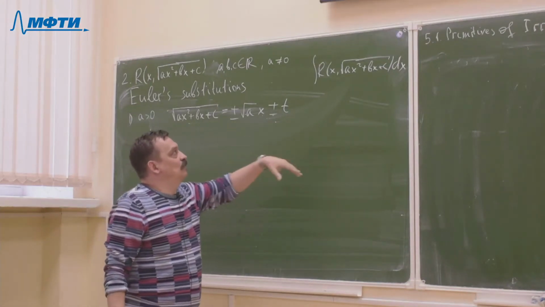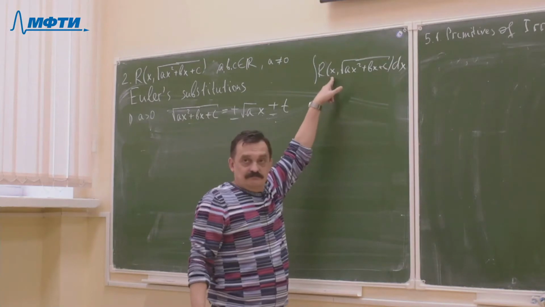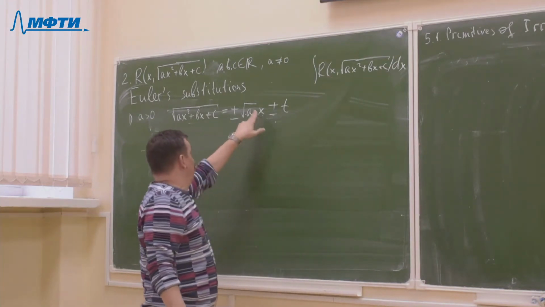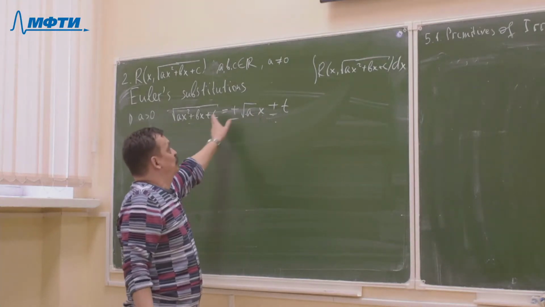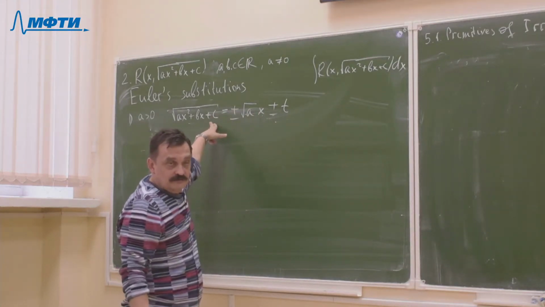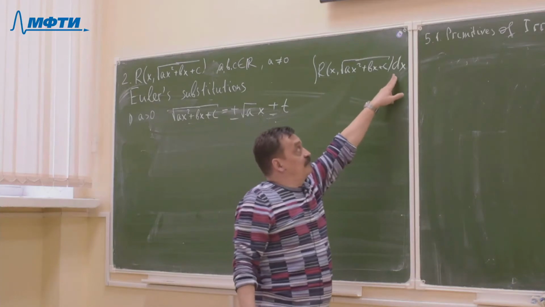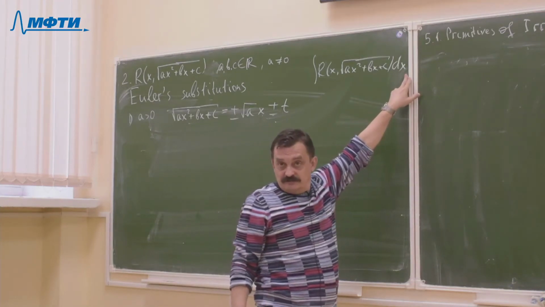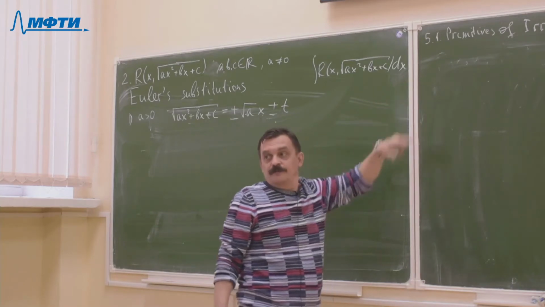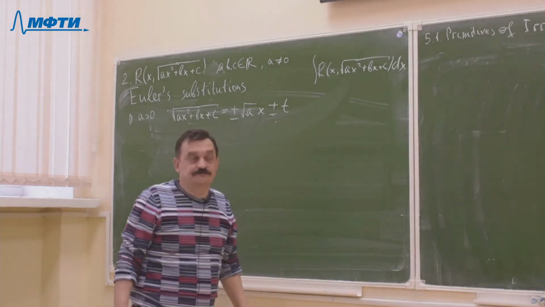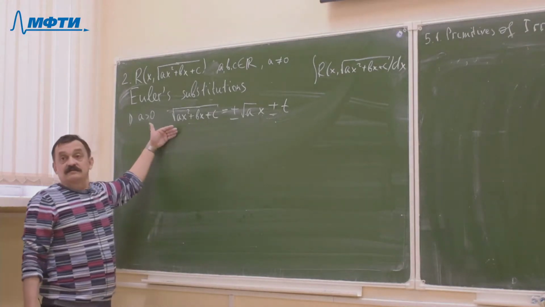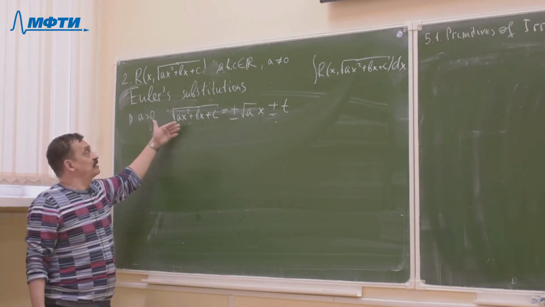We should know the expression for x, because if you know the expression for x, we substitute, and we have the expression for the square root also, right? And after that, if we have the expression for x, we can find the differential dx. So the task is to find an expression for x.